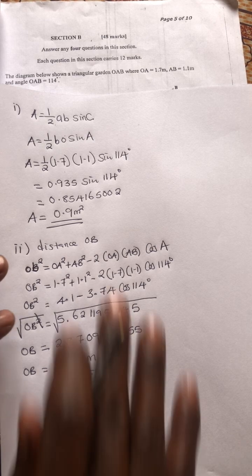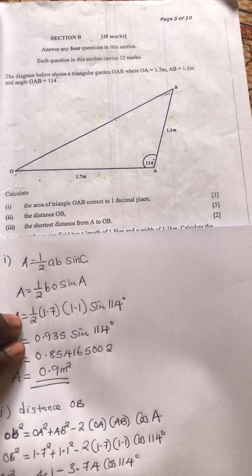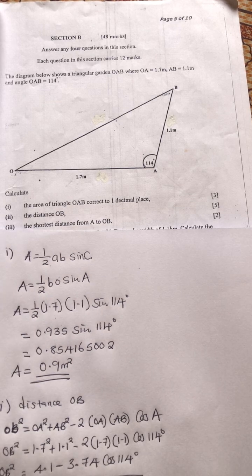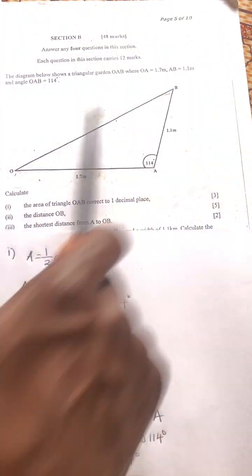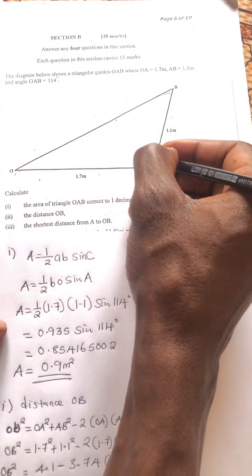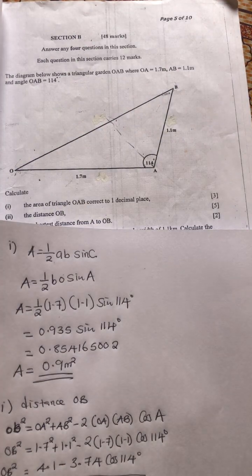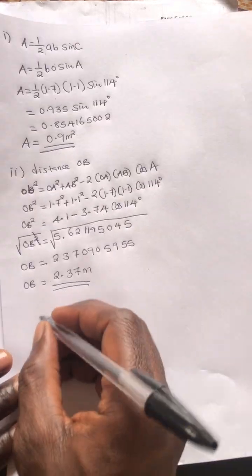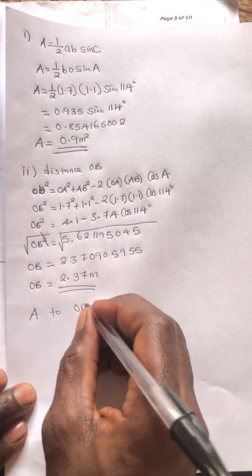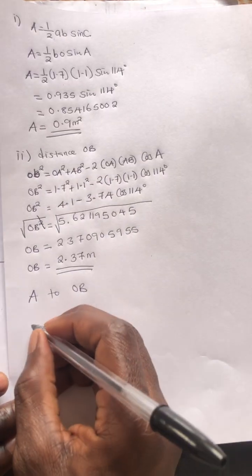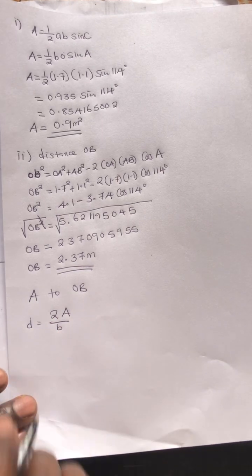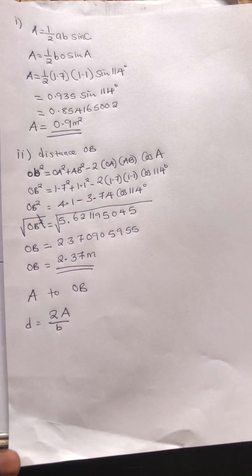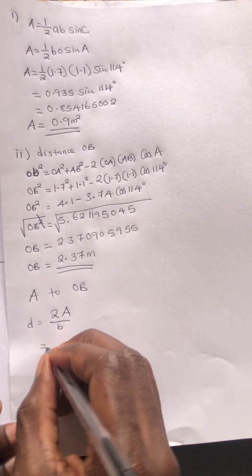And then we move now. The last question is asking for the shortest distance from A to OB. What it means is that we are coming from A, joining this longest side, which is OB. So we can use our simple formula: the shortest distance is equal to 2A over B. This A represents the area, and B the longest base, which is the side.